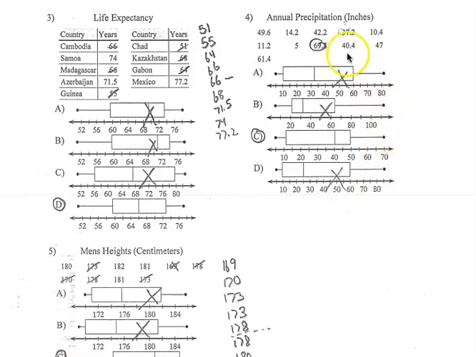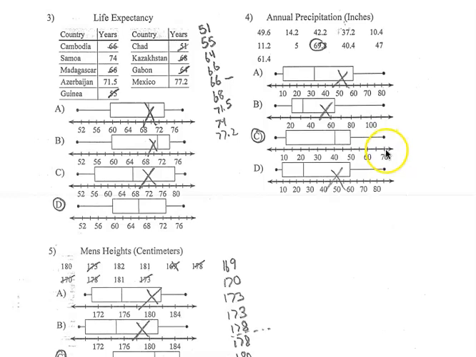Now, number 4, again, work smarter, not harder. I didn't put them in order because I started to look at this and say the annual precipitation. And I know that when I look at the highest number, it's not 80. It's not above 80. There's no number above 80. So I eliminated that right away. Look at here. It's in the 70s.